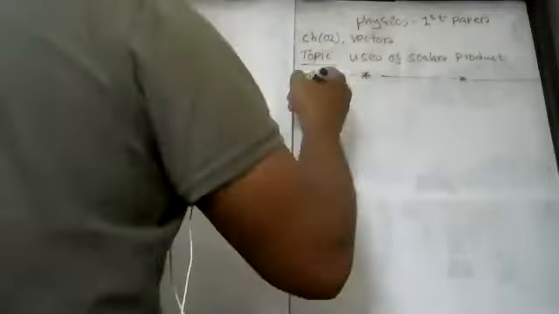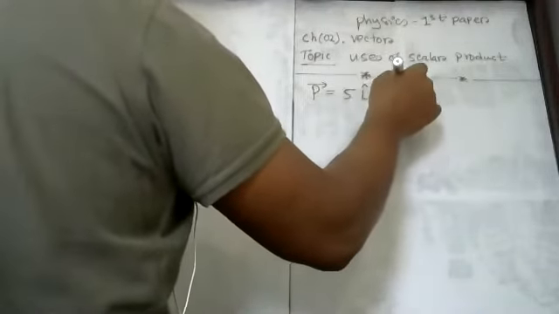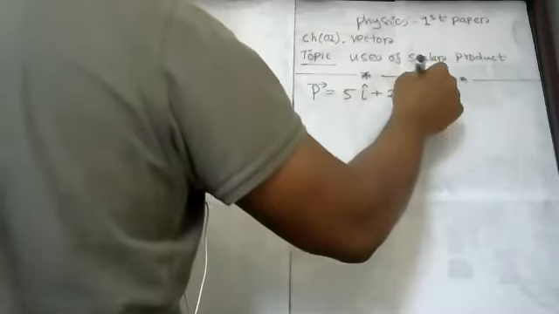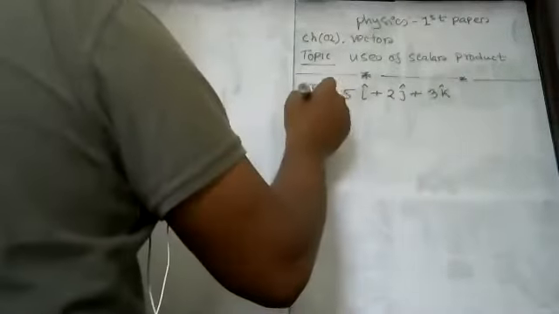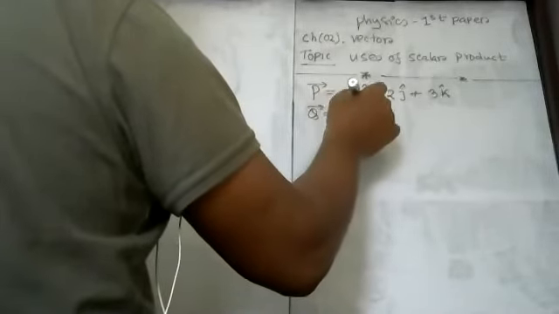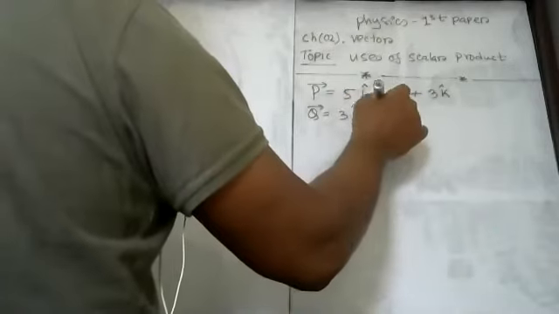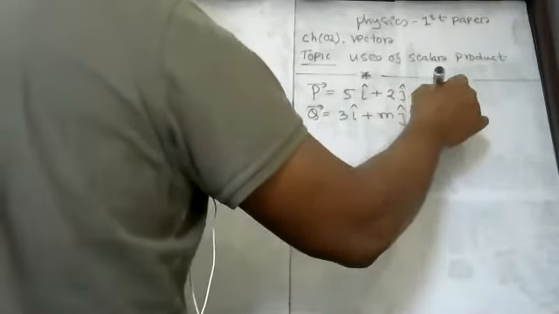Suppose, my dear student, here vector P will equal to 5 i hat plus 2 j hat plus 3 k hat. Vector Q will equal to what? Q will equal to 3 i hat plus m j hat minus k hat.